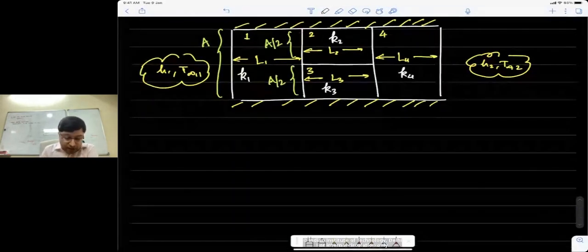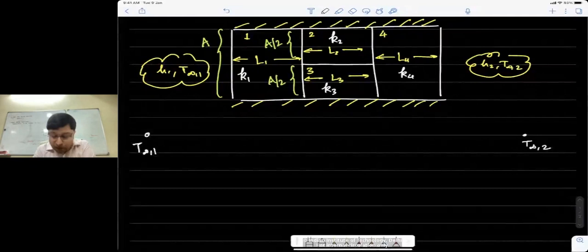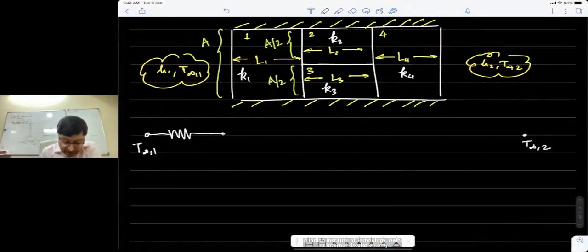As I was saying, there are lots of resistances and there are lots of potential points. So the potentials are, let's say, T infinity 1, and we will go all the way to T infinity 2. There are two potentials across which this heat current flows. So the first resistance that we will see in the circuit will be the convective resistance, which brings us to some temperature on the surface of the first object.